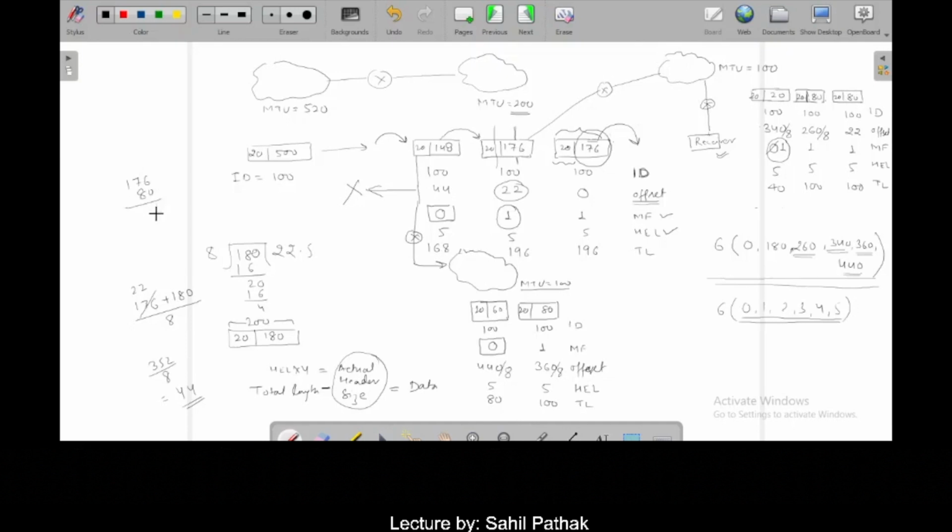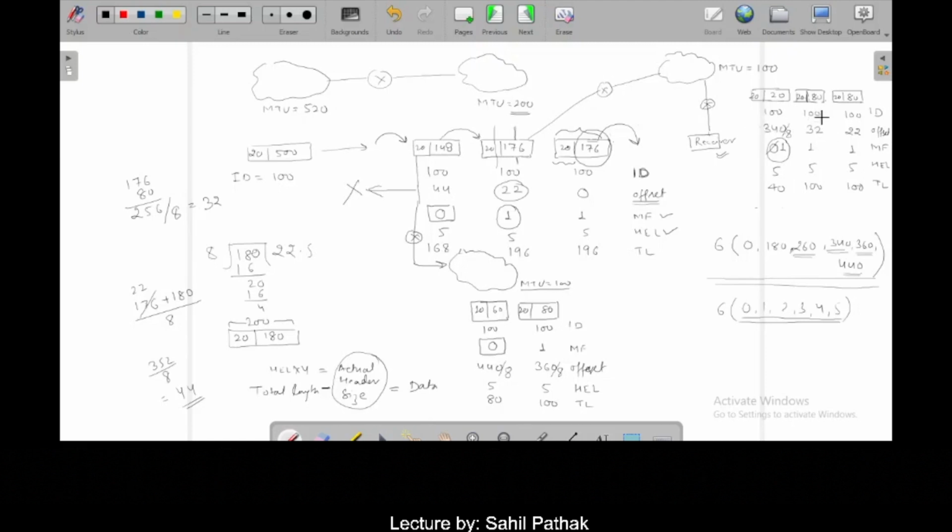So that would be 256. So here I can write 256 divided by 8, and 256 divided by 8 is 32. So the offset value is coming out to be 32. Now how many data bytes are ahead of this?